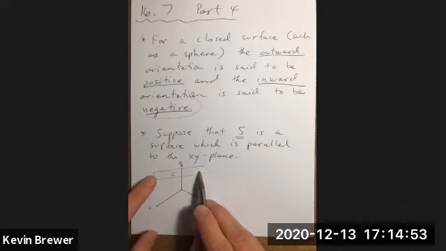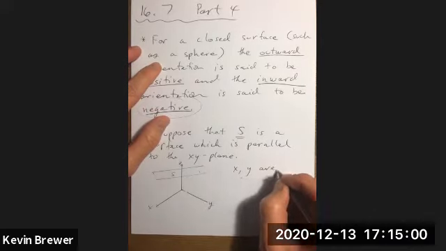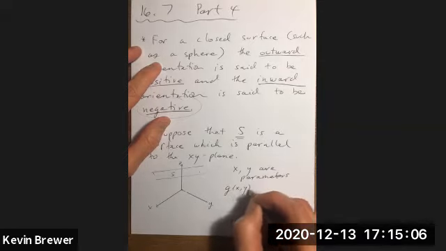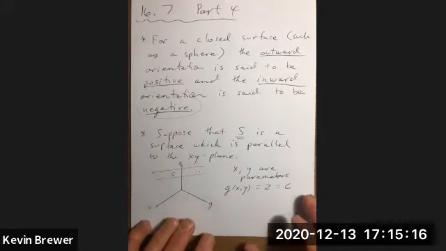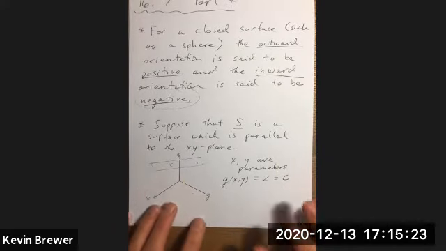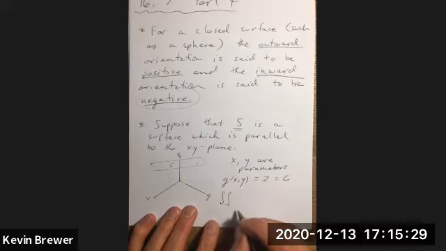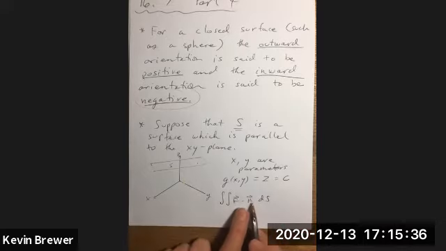Then, of course, S is given by a function of X and Y. So X and Y are parameters, and G of XY, which gives Z, is just some constant C. Then in the double integral of F dot n dS, you can see immediately what the normal vector is.